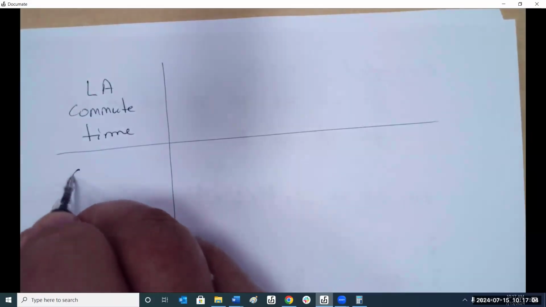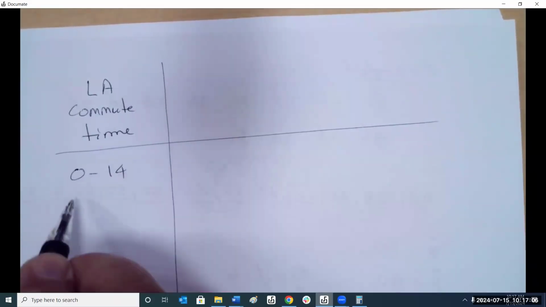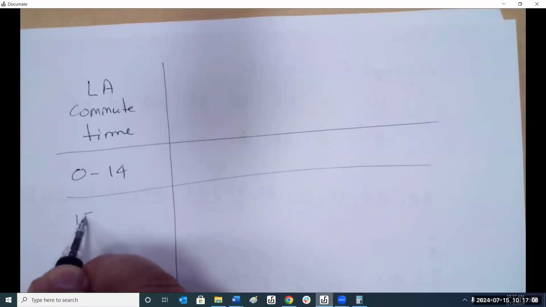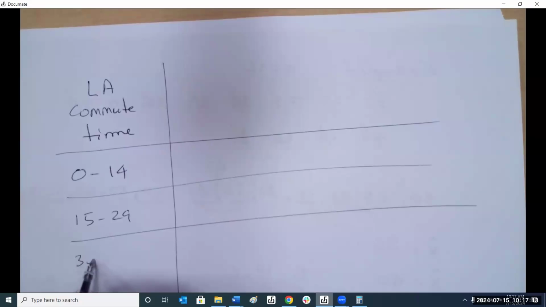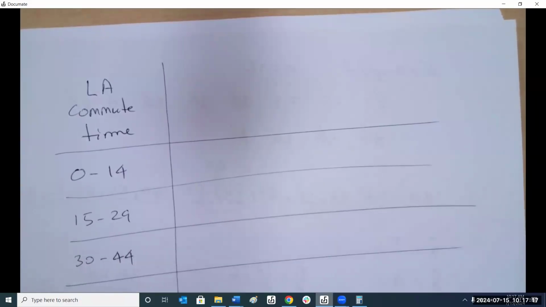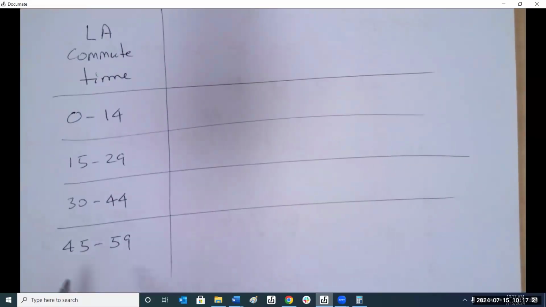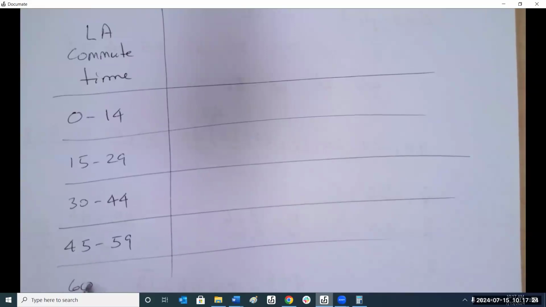We had between 0 and 14 minutes, 15 to 29 minutes, 30 to 44 minutes, 45 to 59 minutes, 60 to 74 minutes, 75 to 89. And the last one was 90 to 104.